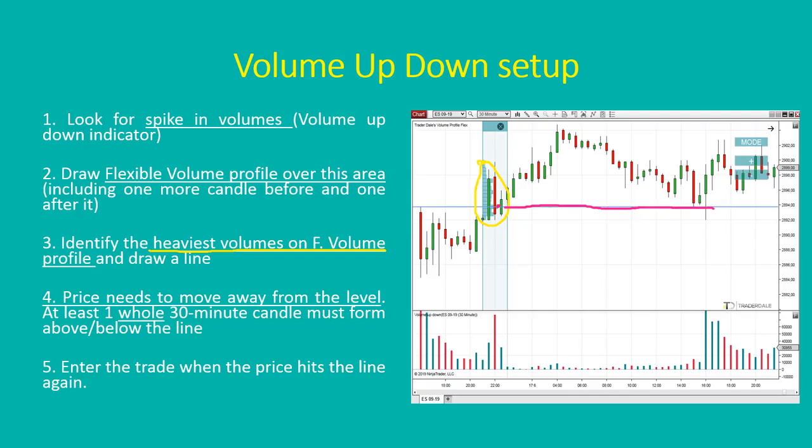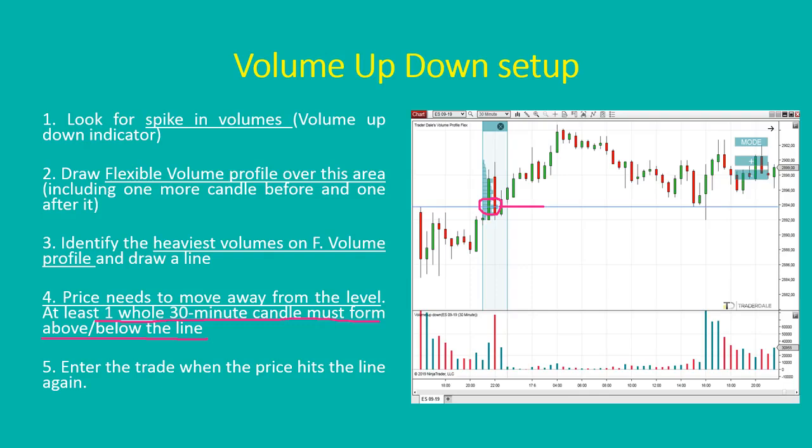Next, step number 4: price needs to move away from the level. So you have the volumes in here, so you have the level in here, and the price needs to move away from it. And at least one whole 30-minute candle must form above or below this line.